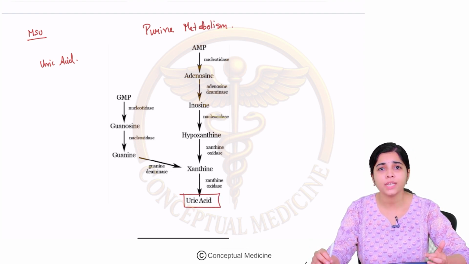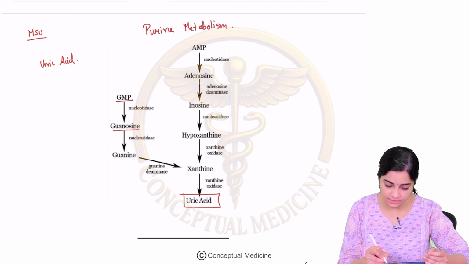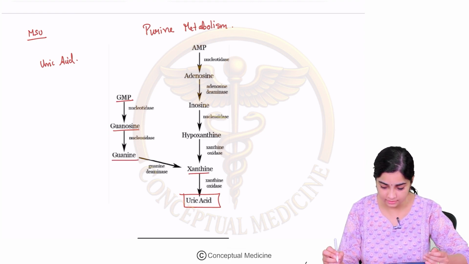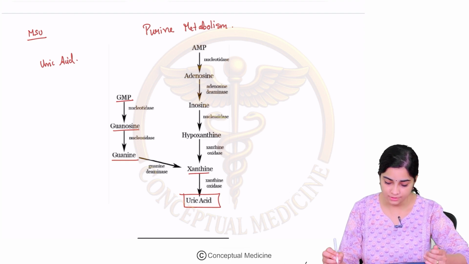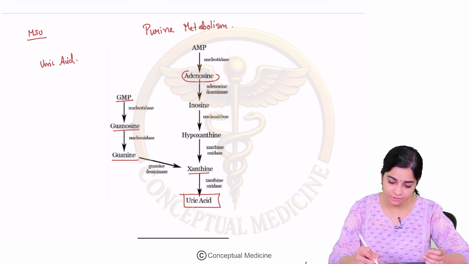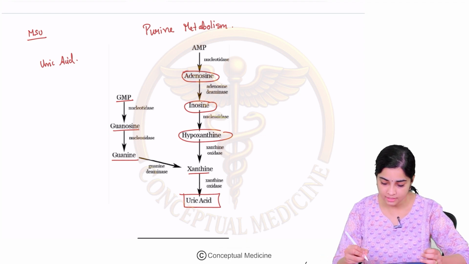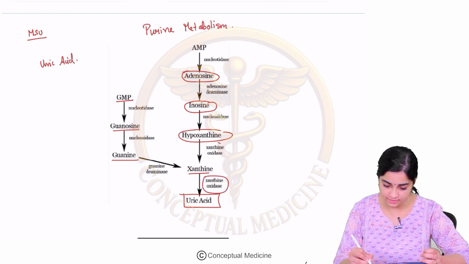Okay. So uric acid is obtained from two important sources. We have guanosine monophosphate converted into guanosine, which is converted into guanine, which is converted into xanthine. Xanthine is broken down into uric acid. Also, uric acid can be obtained from adenosine being converted into inosine, hypoxanthine is converted into xanthine, and then uric acid by the xanthine oxidase enzyme.